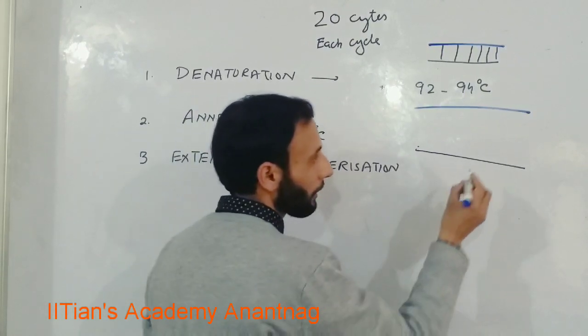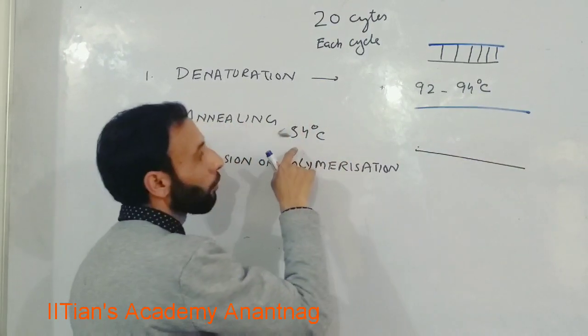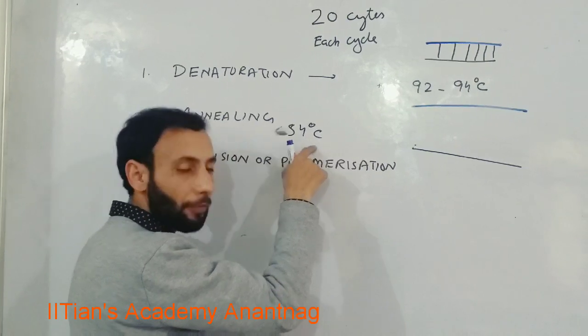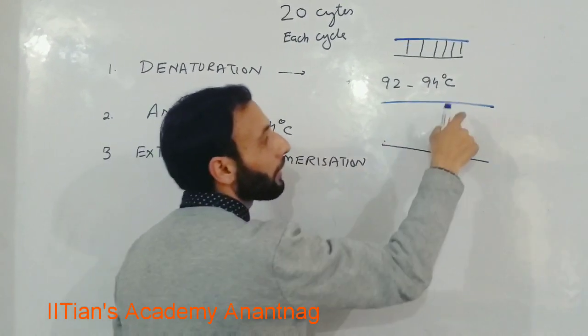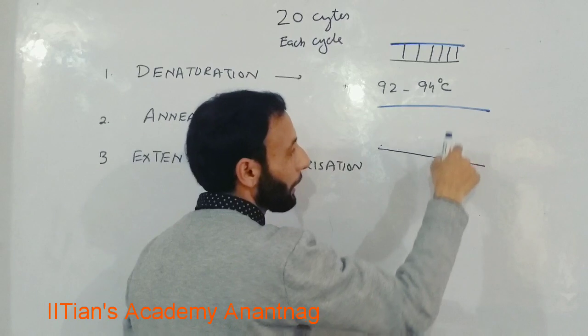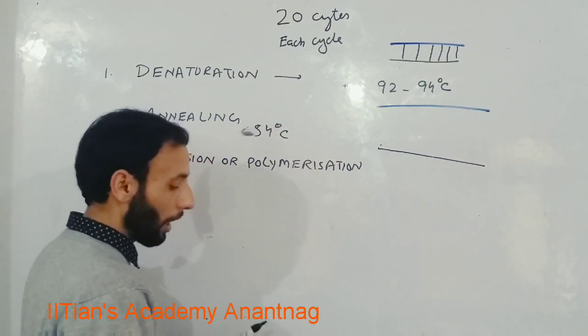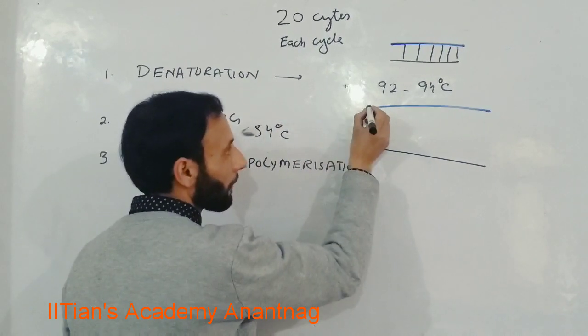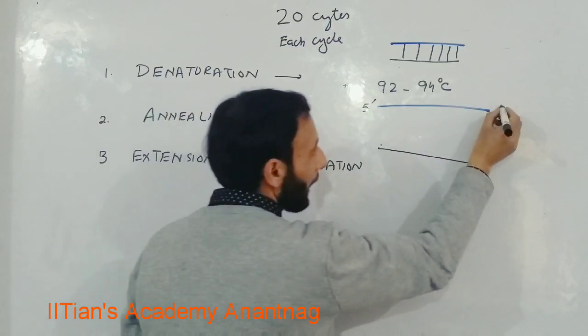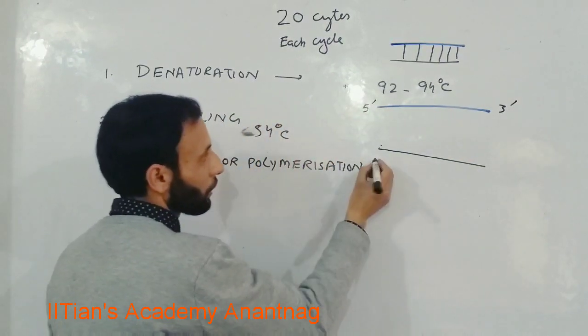At this temperature, primers will bind to each separated strand. Primers are of two types. One is the forward primer and another is the reverse primer.